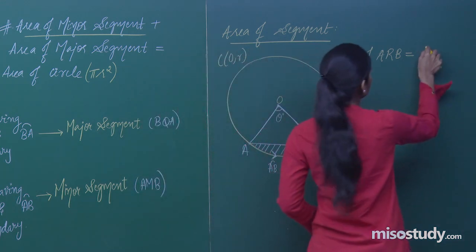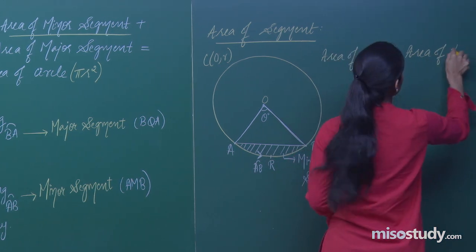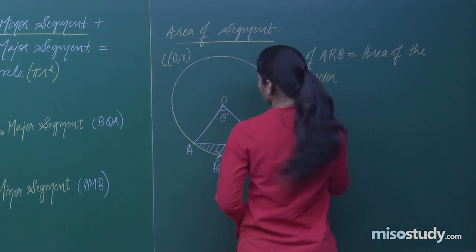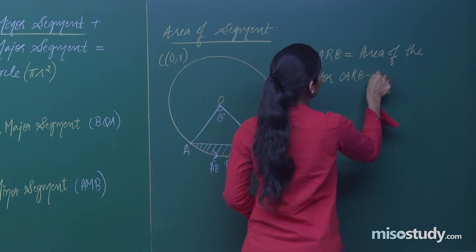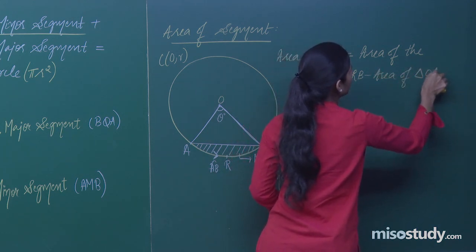So area of ARB is area of the sector OARB minus area of triangle OAB.